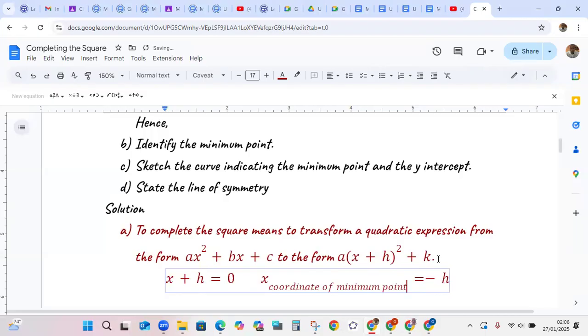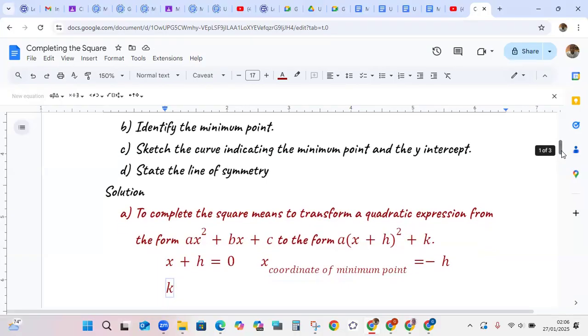As you can see, the sign for h will have to change to give you the x coordinate of the minimum point, and k without any change will be the y coordinate of the minimum point, or the y value.